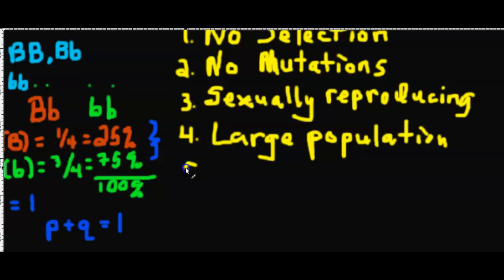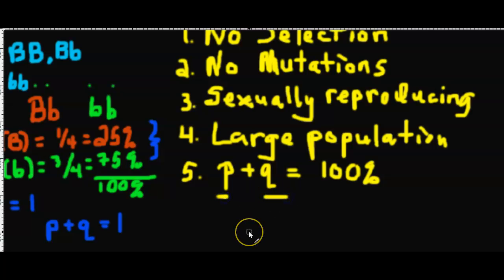And let's make another assumption. The assumption is going to be this. There's only going to be these alleles, the dominant allele and the recessive allele, these particular ones that we're studying. So they're going to be 100% either P or the Q. Remember the P is the dominant allele, the Q is the recessive allele.